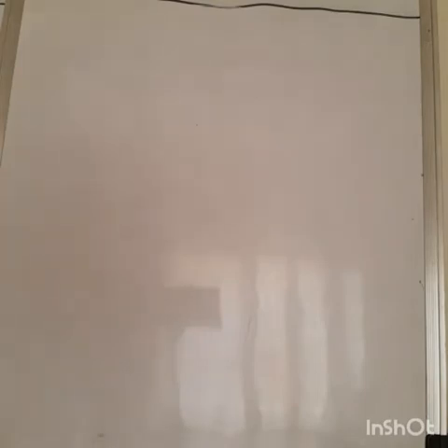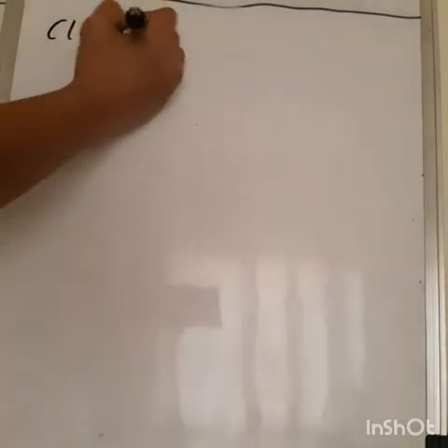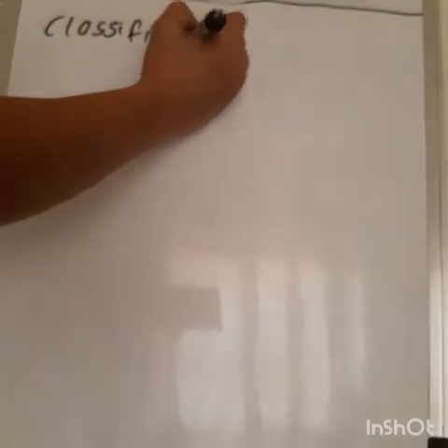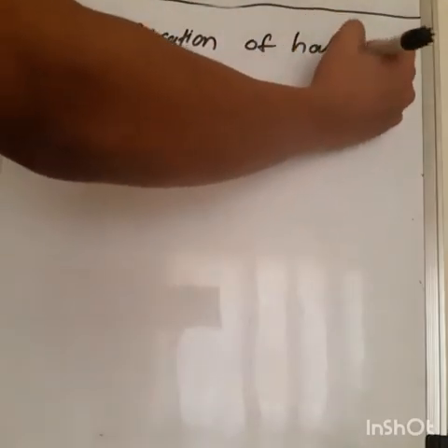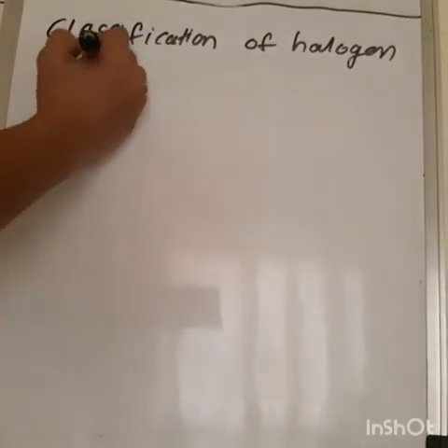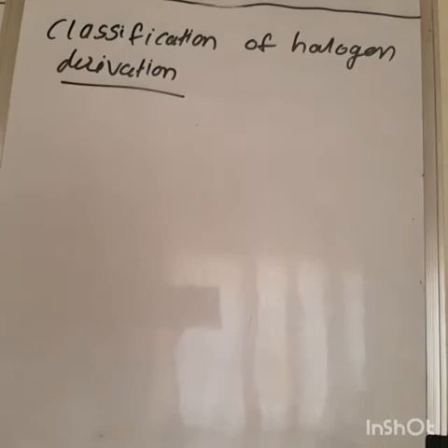So in today's lecture we are going to start with the classification of halogen derivatives. Basically, halogen derivatives can be divided into two parts.